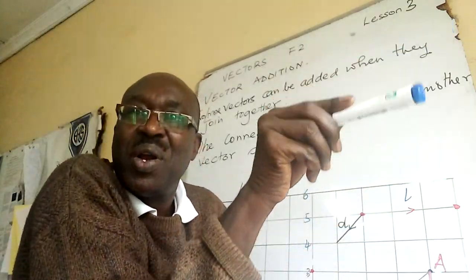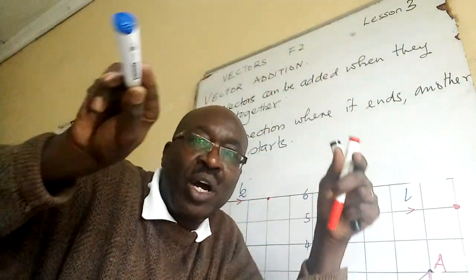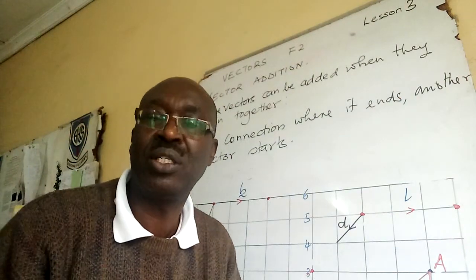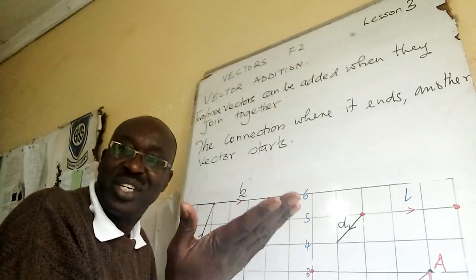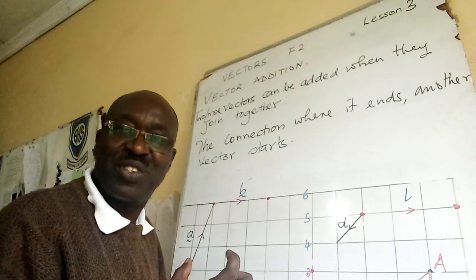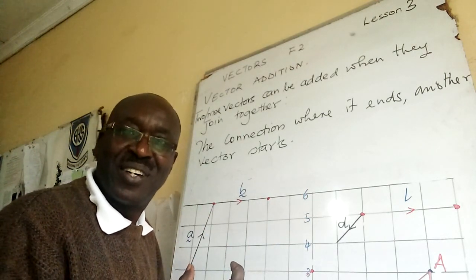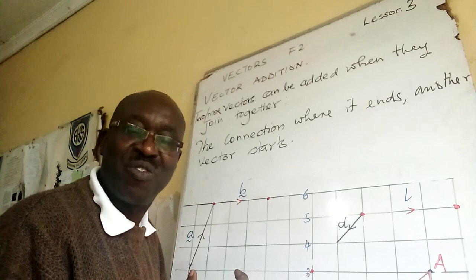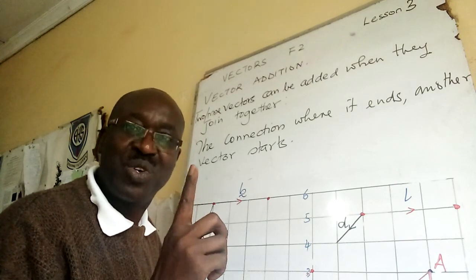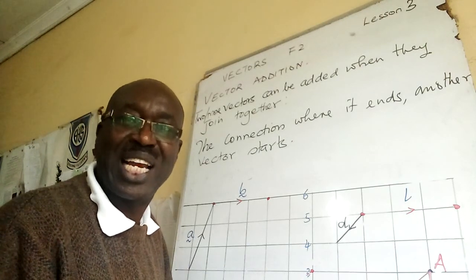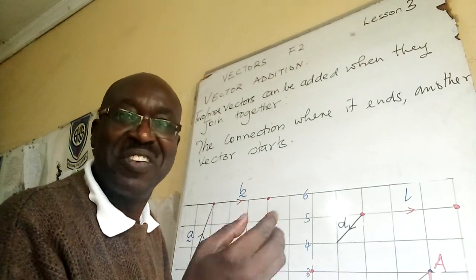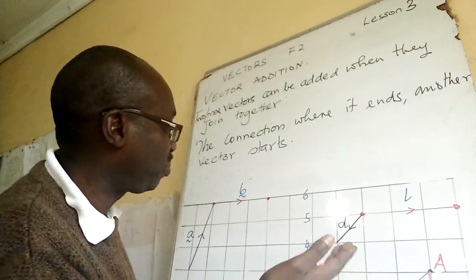You don't go on meandering, doing your things and then you place. No, we don't do that. Life situation simplifies your understanding of vectors. Now what we are doing is connection, but in the right language, mathematically, vector addition.